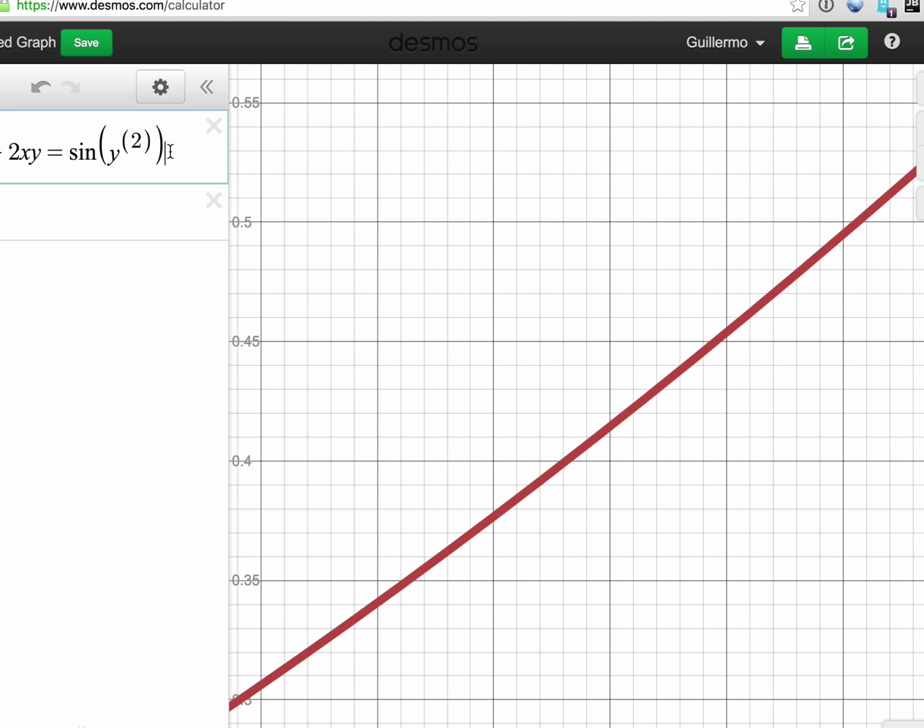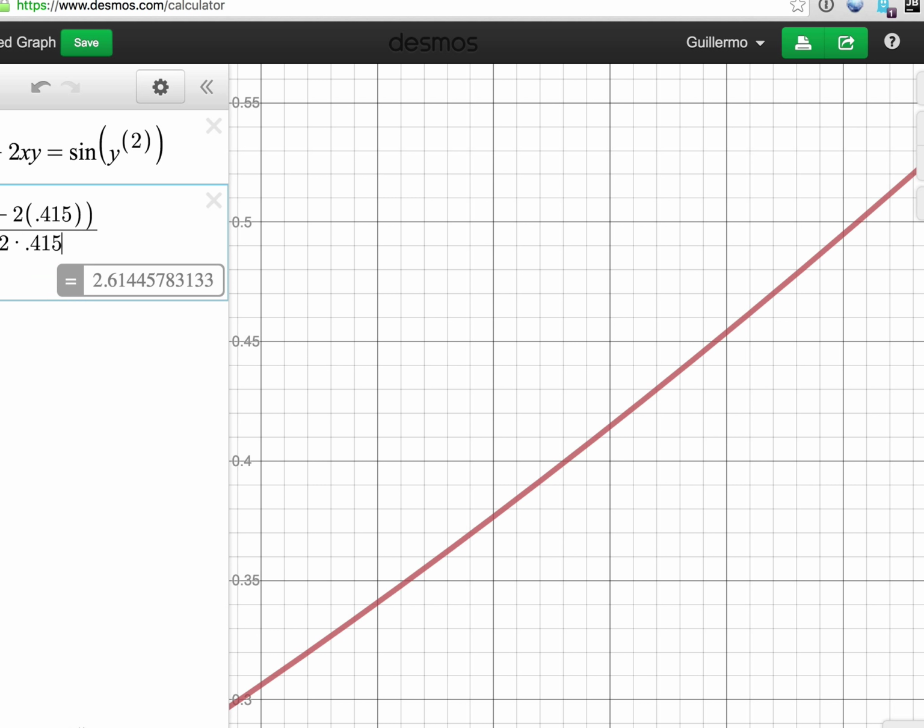Okay, let's see here. 3 minus 2 times 0.415, right? And then that divided by 2 times 0.415 times cosine of 0.415 squared.